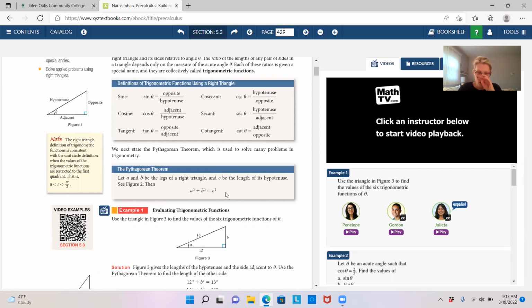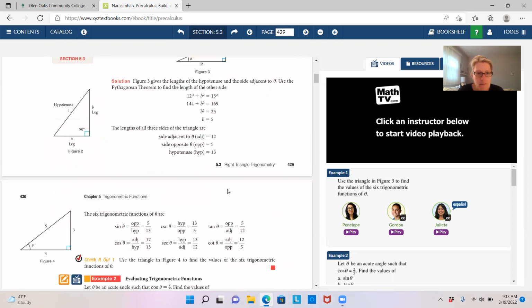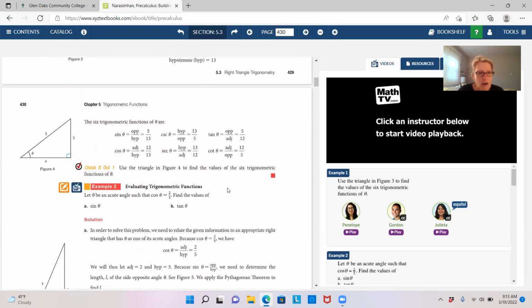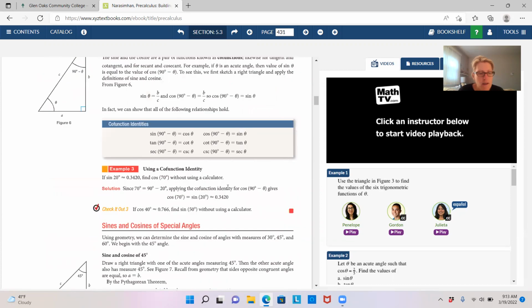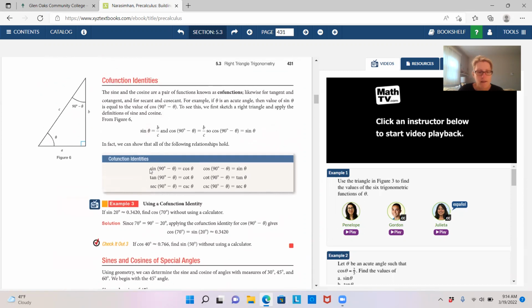So we're going to use that to help us find some of the other sides today. We're also going to be using the idea of cofunction identities. Noticing that, for instance, sine and cosine are cofunctions of each other. So the sine of 90 degrees minus theta, the reference angle, is equal to cosine of that reference angle.